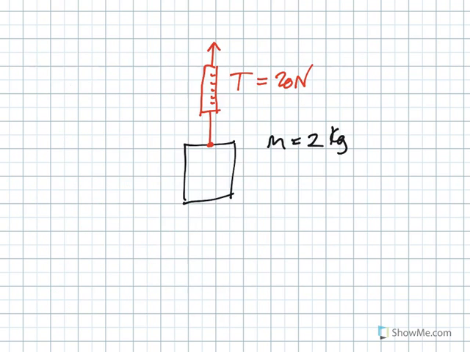All right. So this is number 4. This time we're given tension, we want to find a. So free body diagram, so there's tension and there is mg.